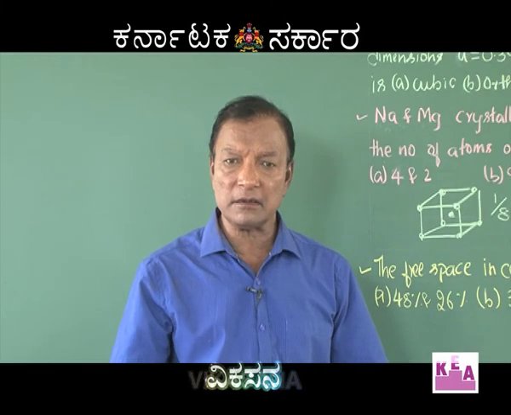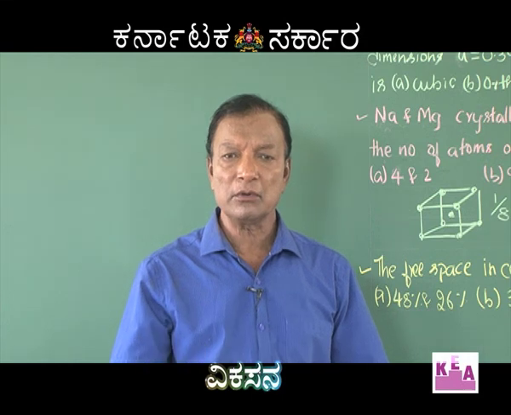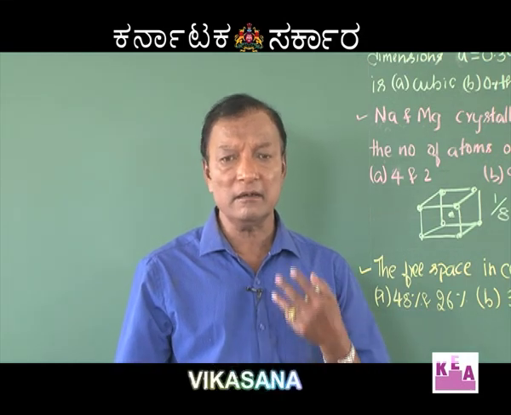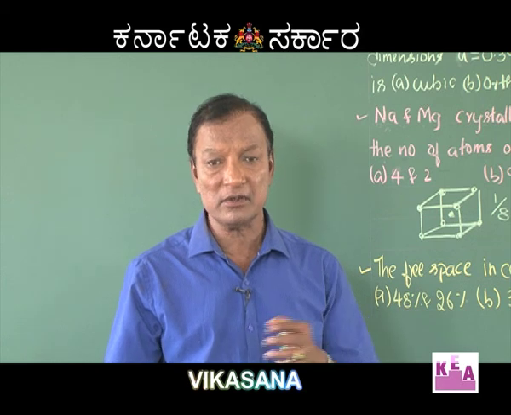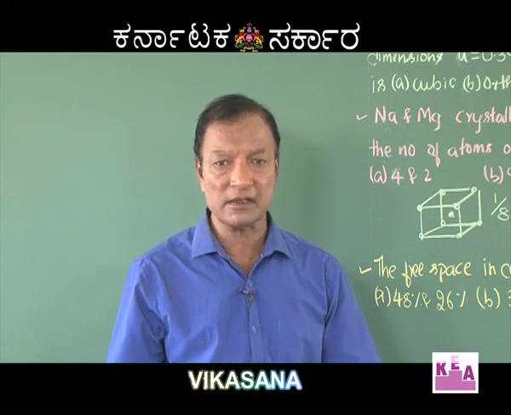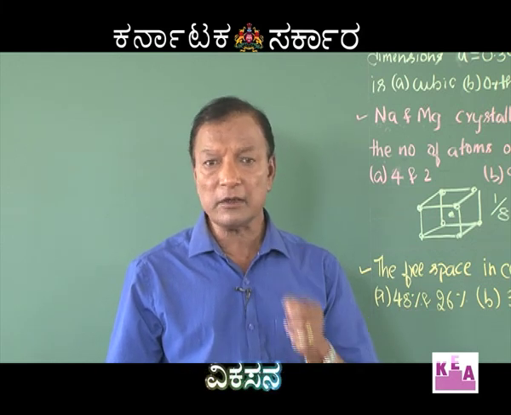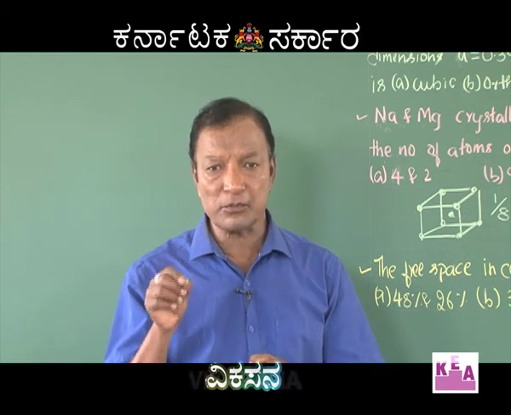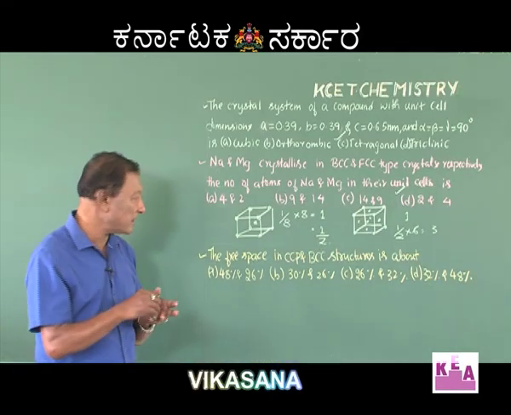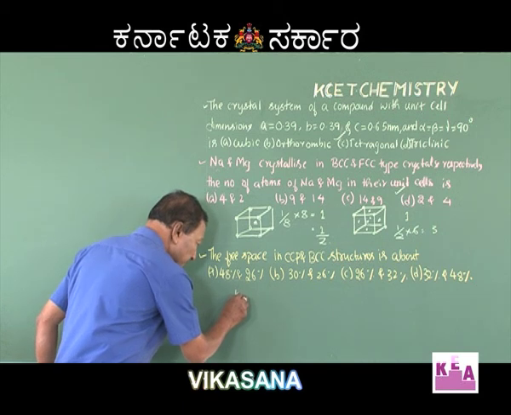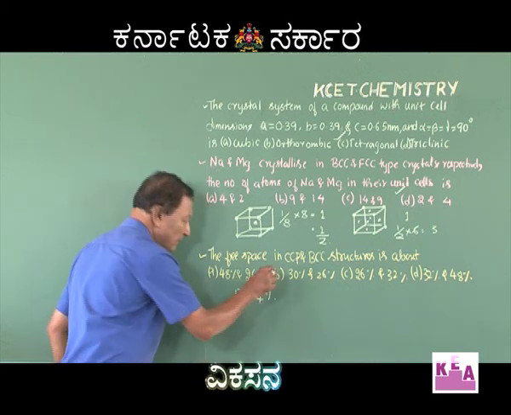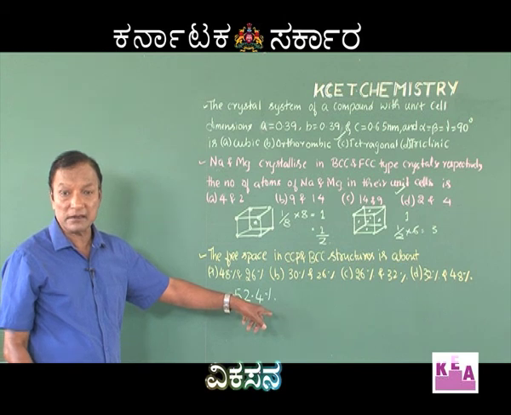In the theory part, you are familiar with, or you have calculated, such values of packing efficiency. In the simple cubic unit cell, the efficiency is about 52.4%.